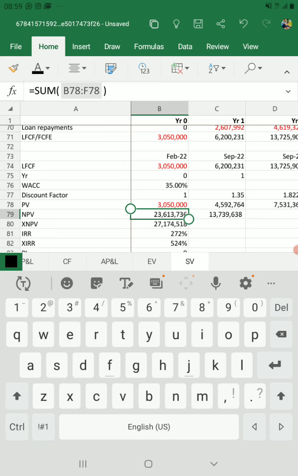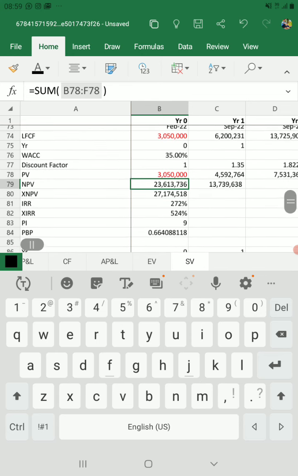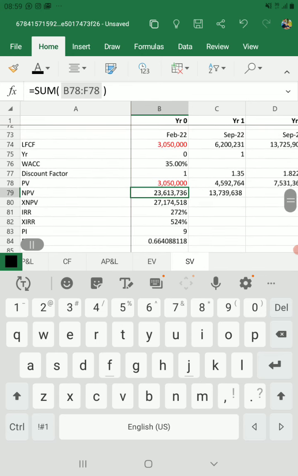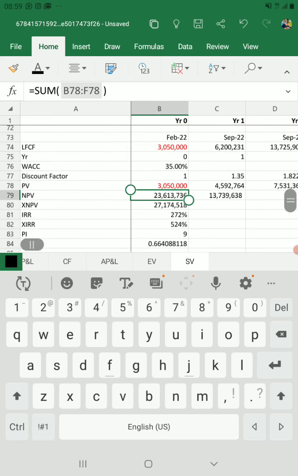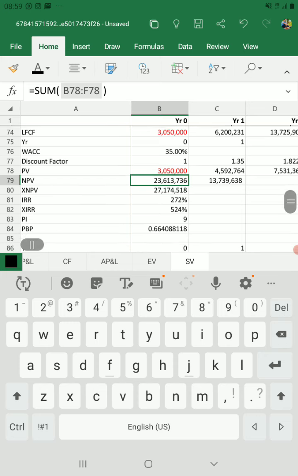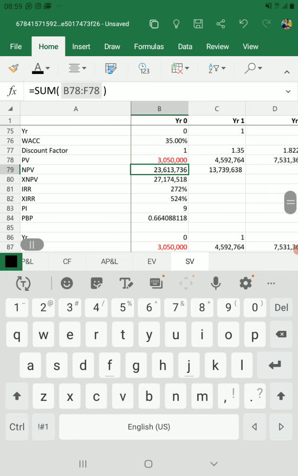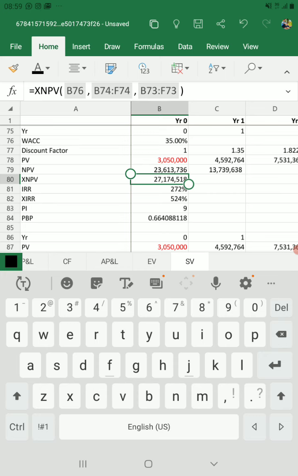So we now have our valuations based on levered free cash flow. You can see these valuations, after using levered free cash flow, have also turned out to be unrealistic.